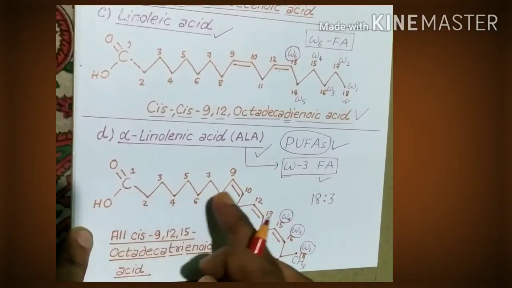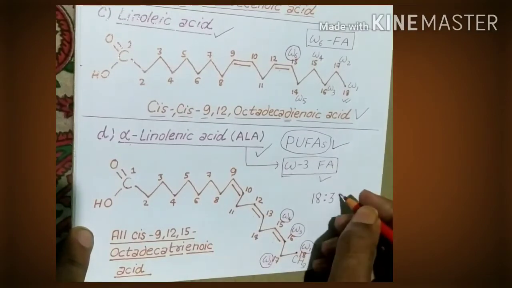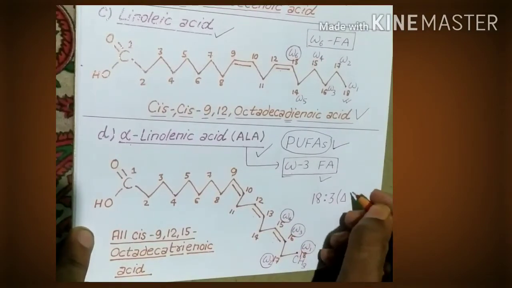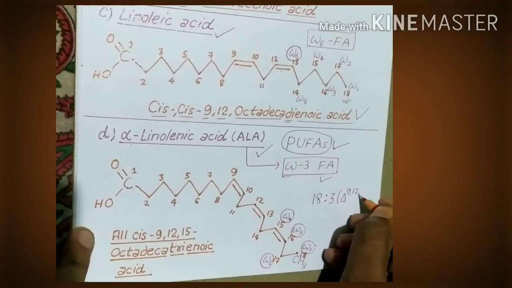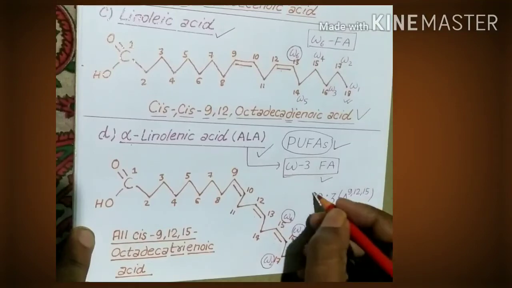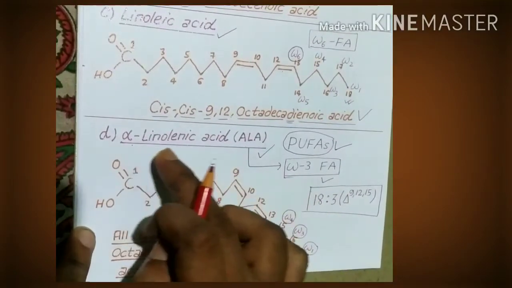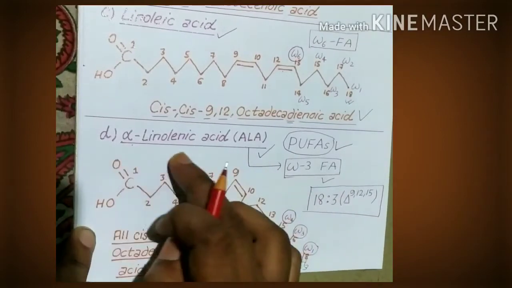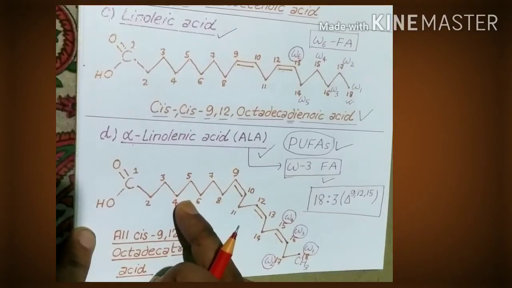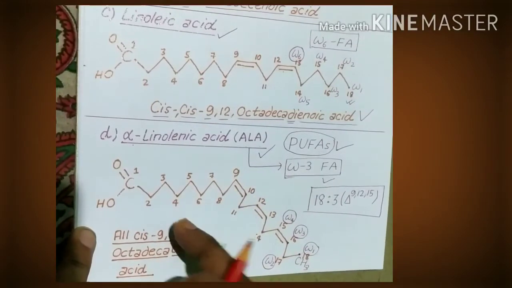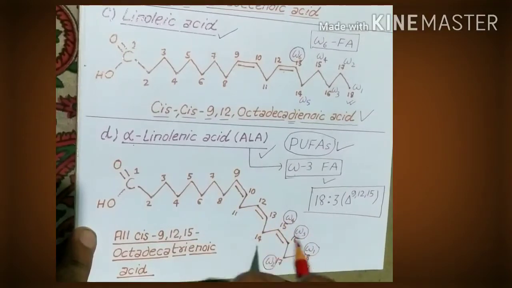Now the positions of the double bonds are 9, 12 and 15, so it will be written in brackets as delta 9, 12, 15. So this is the shorthand representation of alpha linolenic acid, and it is an essential fatty acid because it cannot be synthesized in the body. It needs to be taken in the diet.